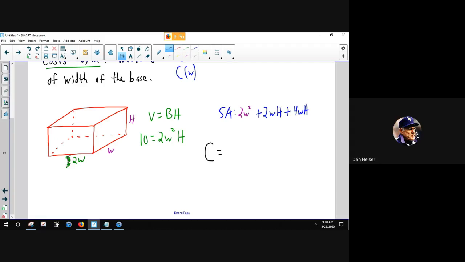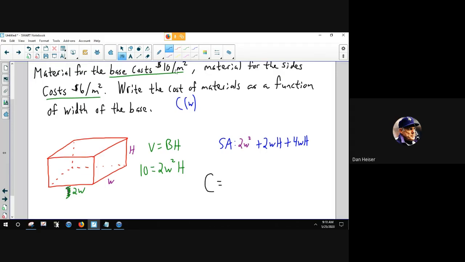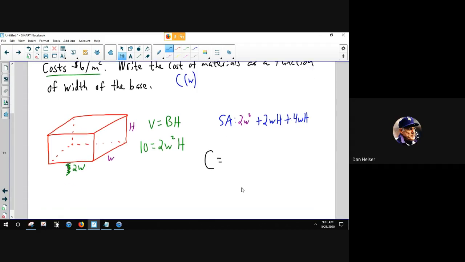Our total cost to create this box, here's the area of our base, and it's $10 per square meter. So when I multiply, here's how many square meters I have, 2W squared. When I multiply that by 10, total cost is 20W squared.